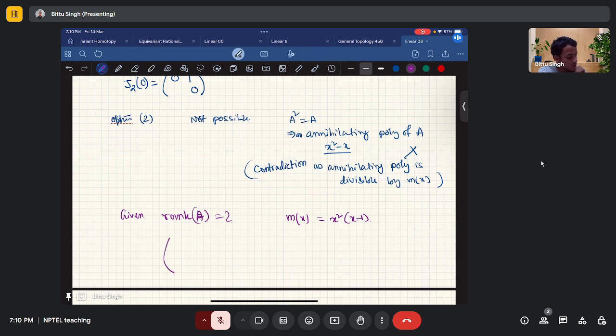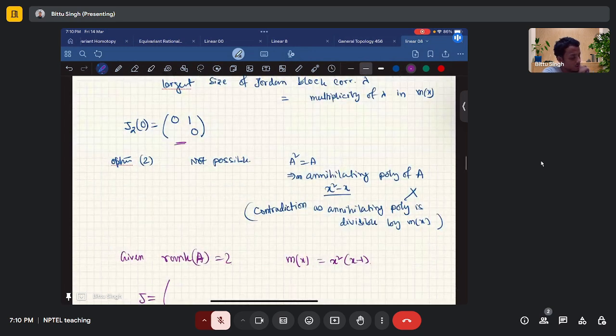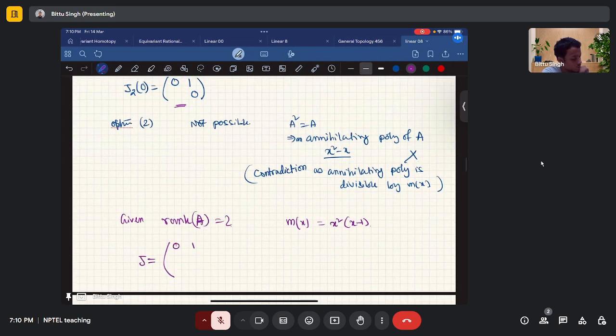Can we obtain the Jordan canonical form? It is clear that this block 0 1 0 0 must appear. Now what are the possibilities for other blocks?